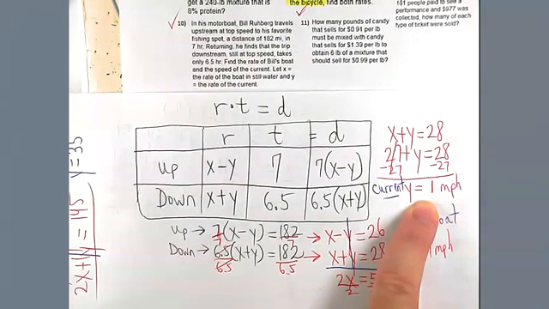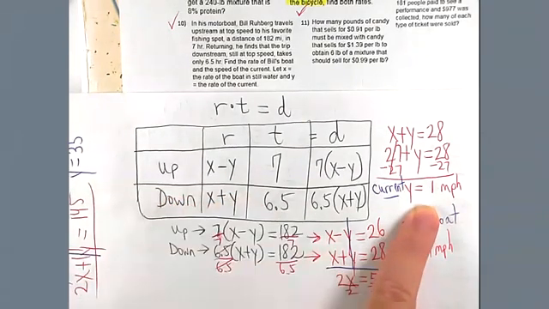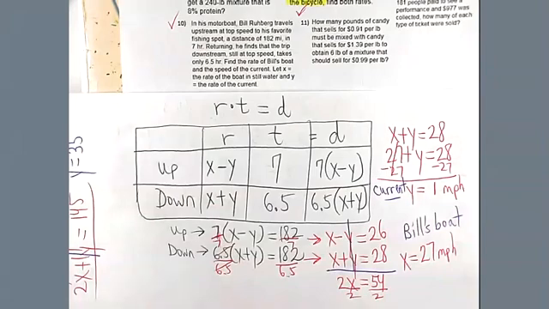Okay. All joking aside, that tells you right away, wait a minute, I did something wrong. Let me go back and check the setup in my table. So just like in real life, you should get answers that are reasonable.